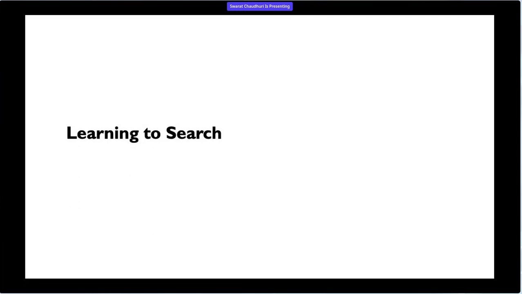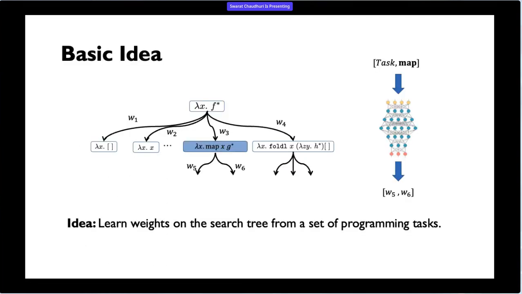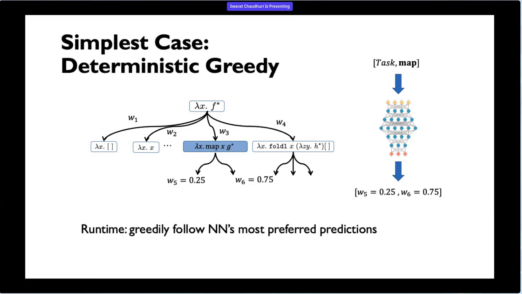But if we have learning available to us, then we can do even better. For example, what if we use the neural network to map from a description of the task together with the current state of the search, and use that to predict the actions that are most likely to lead us to the goal, to something that satisfies that task?